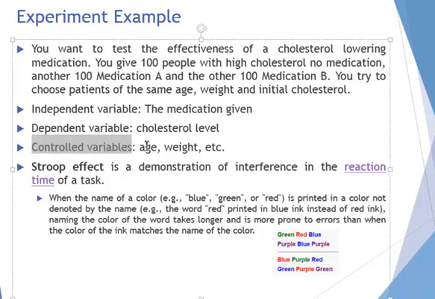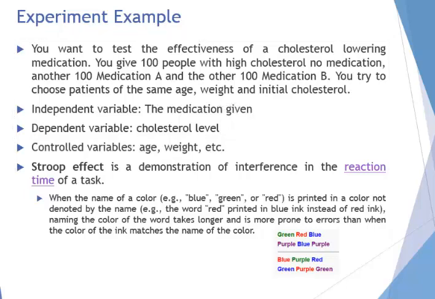So then there are, of course, other variables that you want to control for. For example, when you're doing an experiment for cholesterol lowering medication, you don't want to bring in one group full of 25-year-olds and the other group full of 65-year-olds, because then you could have other variables, which are sometimes referred to as confounding variables, which tend to skew it by having alternative influences. People that are older may have a more difficult time lowering their cholesterol than people that are younger.